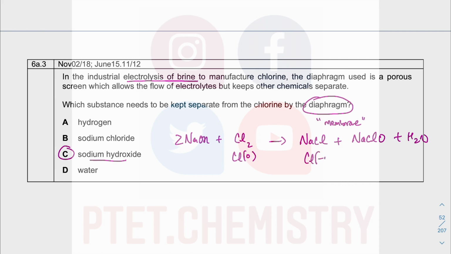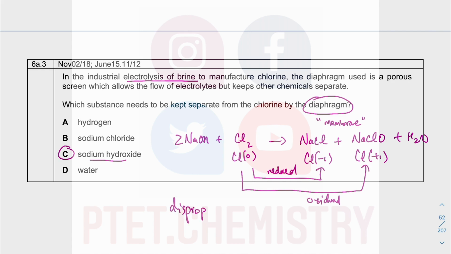When you have this classic disproportionation reaction, the chlorine is both oxidized and reduced in the same reaction. It's a classic, and you should be able to know this equation. At least know the product, and you can balance them easily. And I've got to balance this equation as well. No, that's already balanced, right?